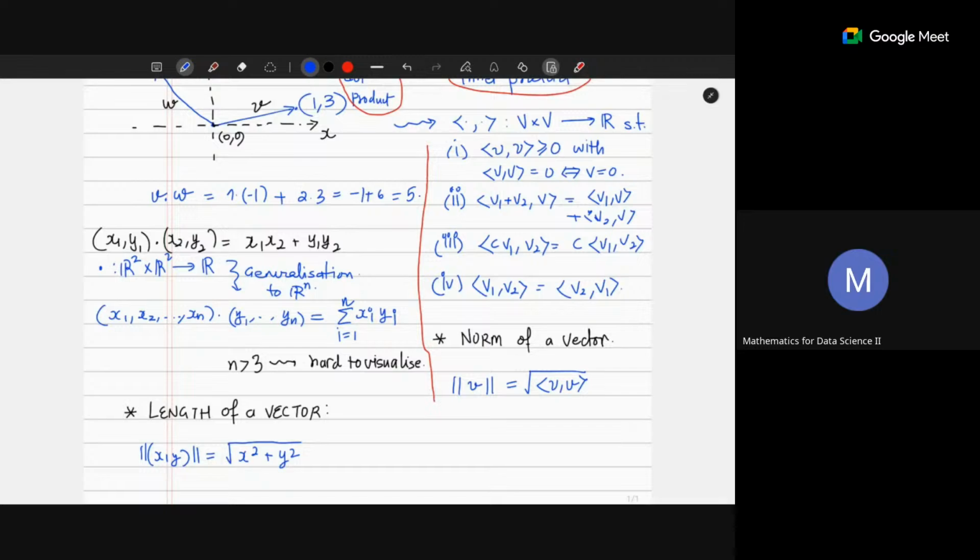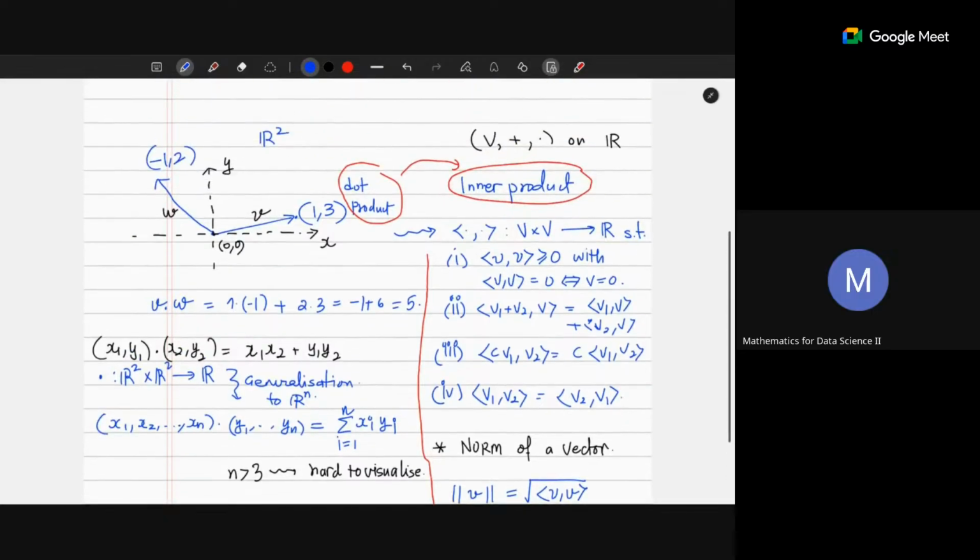Okay. So this norm is a general term. It is defined for any vector space, but length is a specific term which is defined in Euclidean spaces or Rn. So there is a clear distinction. Here, this vector space V could be any general space. It could be a set of matrices. It could be the set of polynomials of degree smaller than or equal to n.